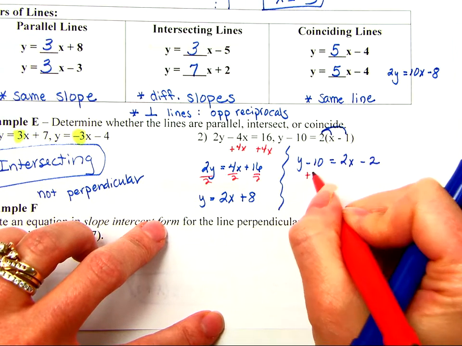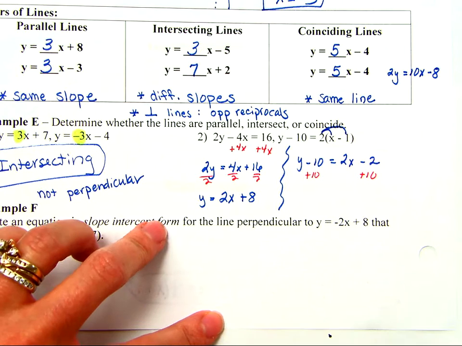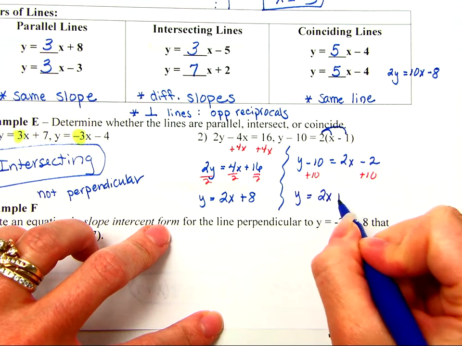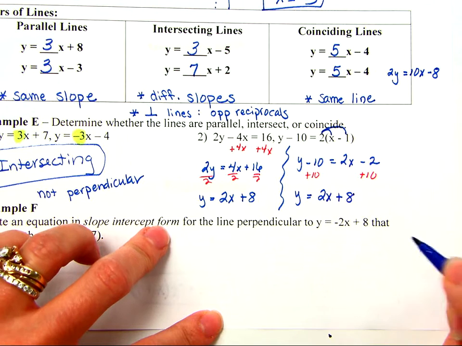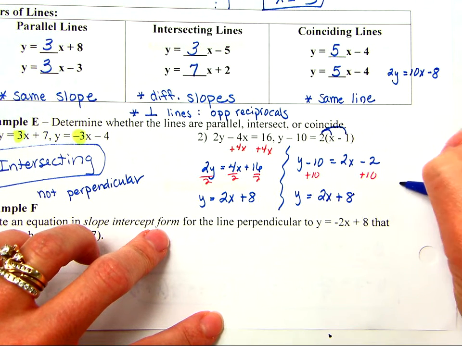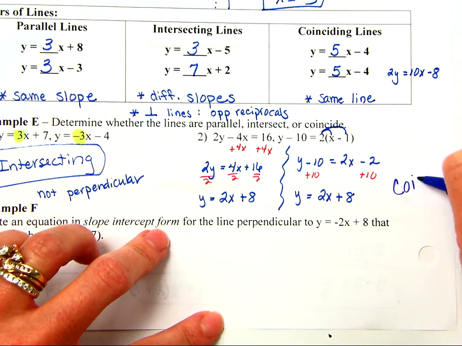What I notice is that when I add and get y by itself, I come up with y equals 2x plus 8. So these lines are actually going to be coinciding.